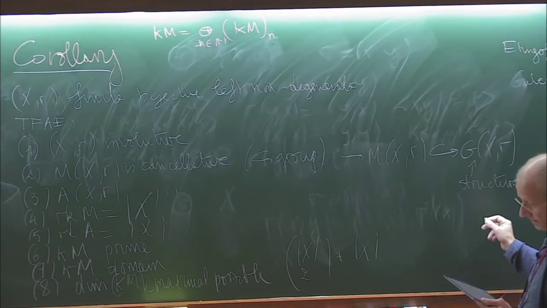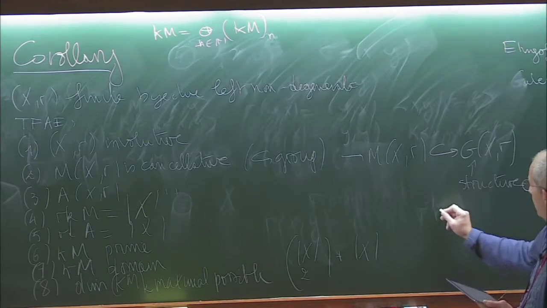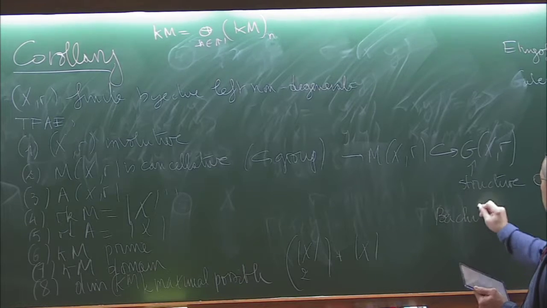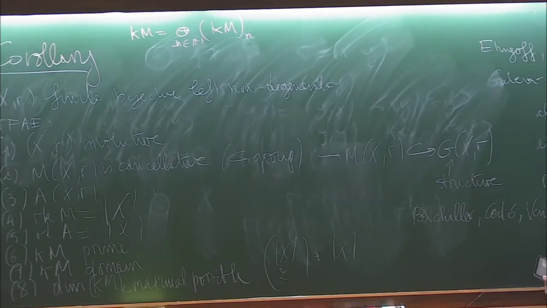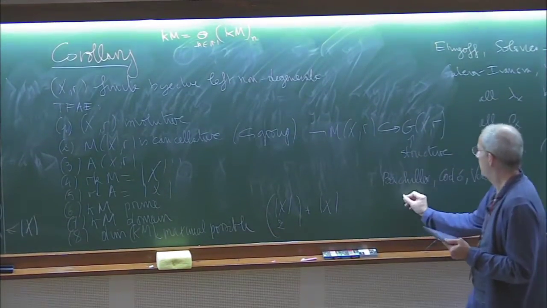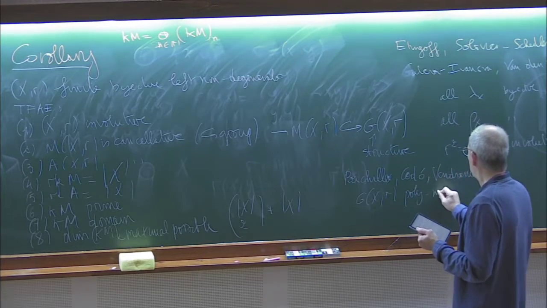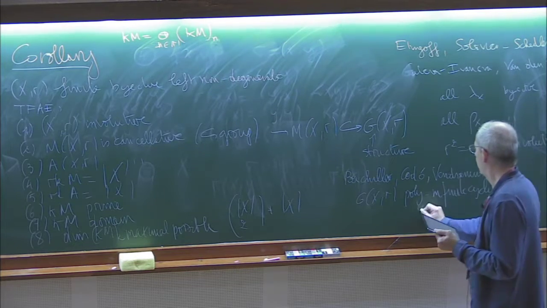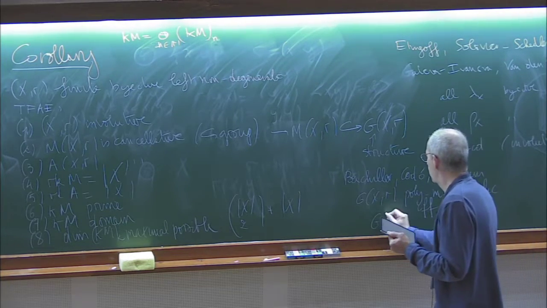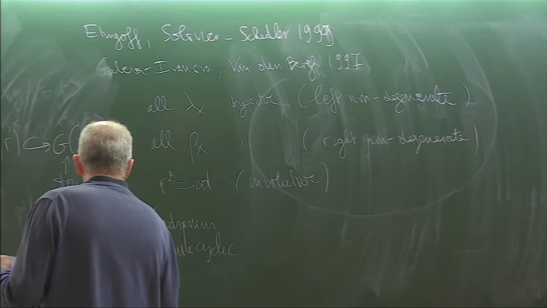So one can prove in this case, this is a result of Bachiller, Cedó, Jespers, and Okniński, or Vendramin, that this GXR is poly-infinite cyclic if and only if GXR is left orderable.